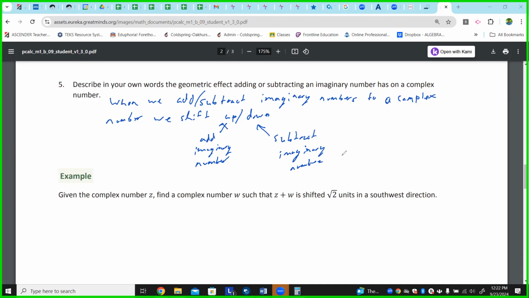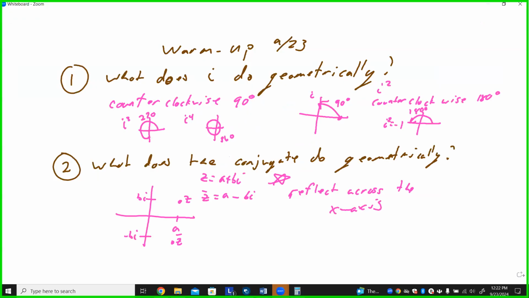All right, let's explore some more things. Let's go back to our journal. If z equals -6 plus i, oh, so sorry.